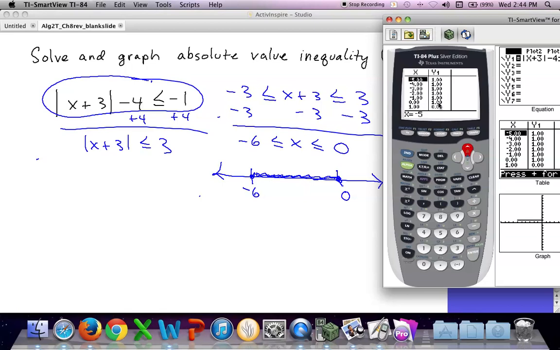That's because the shading is there. Right? It's at 0, -1, -2, -3, -4, -5, and -6. But it's not at -7. So it goes everywhere from -6 to 0. Now, if I didn't have or equal to, then it would be from -1 to -5. It wouldn't include the endpoints if I didn't do that. But probably from looking at the graph, especially on a multiple choice test, you should be able to match up that graph with the 4 options that you've got.